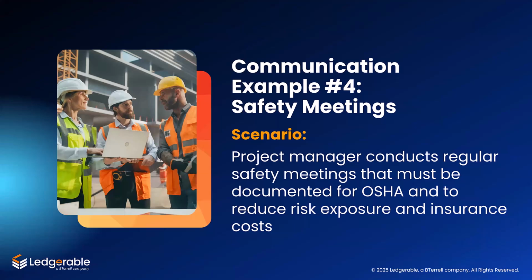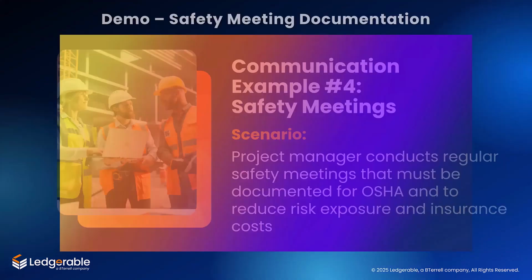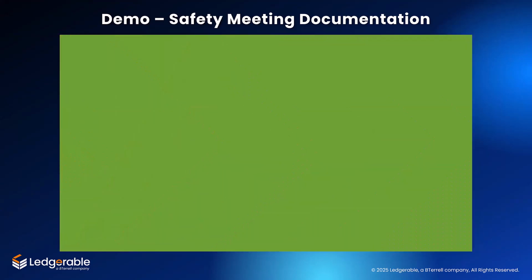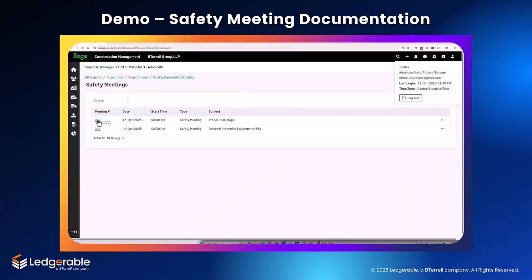In this litigious age, it's vital that safety meetings and incidents are well documented. Our fourth and last example follows the scheduling of a safety meeting and documentation of the meeting while in progress. So notice that we'll have a record of all of the safety meetings that have taken place before.